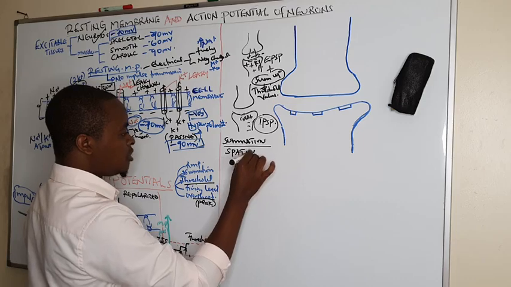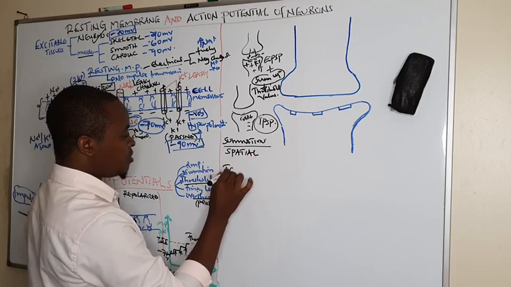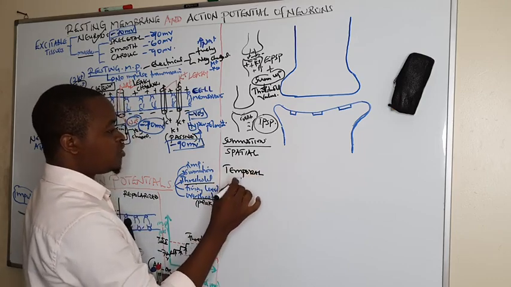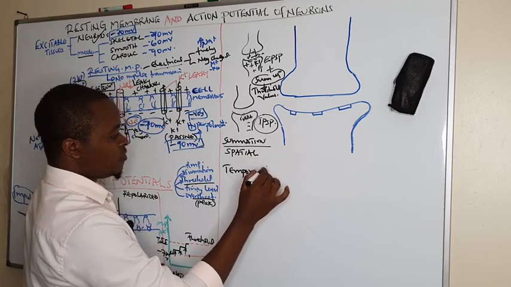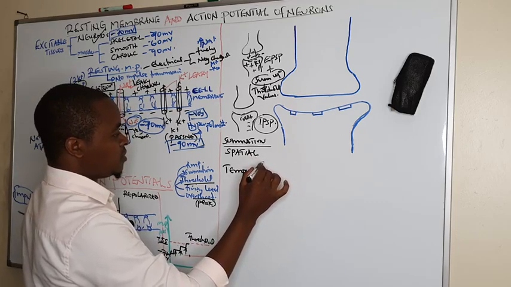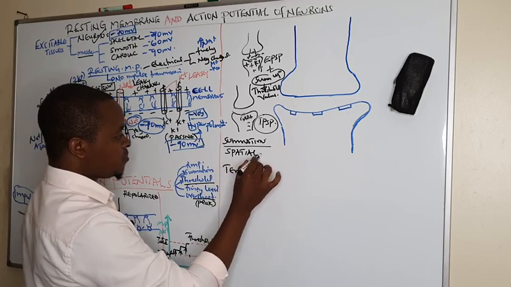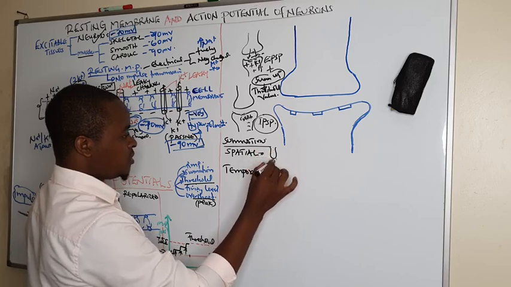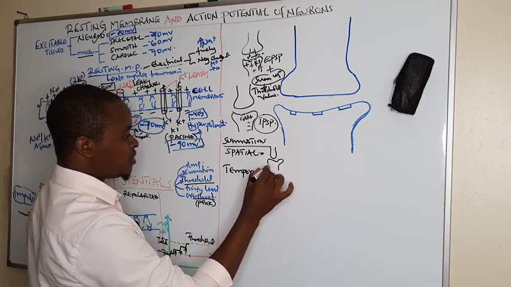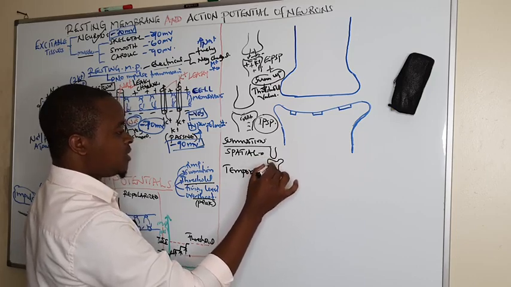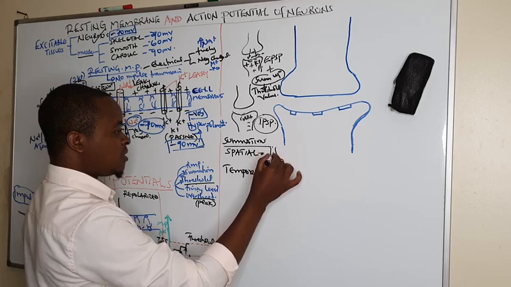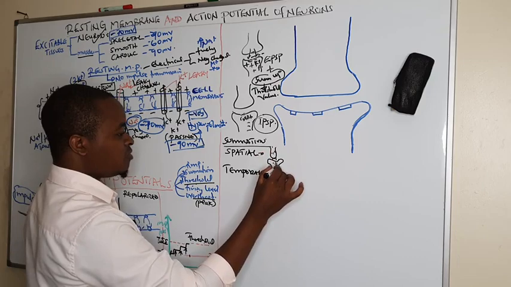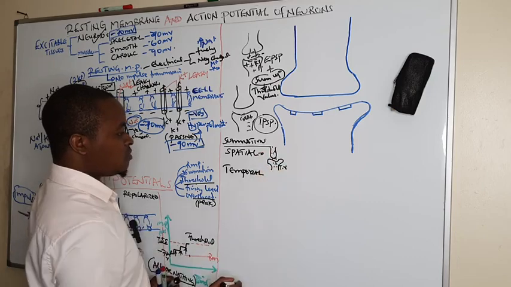spatial summation and temporal summation. Here you have one presynaptic neuron, and it keeps bringing an action potential across the synapse until the threshold value is reached.